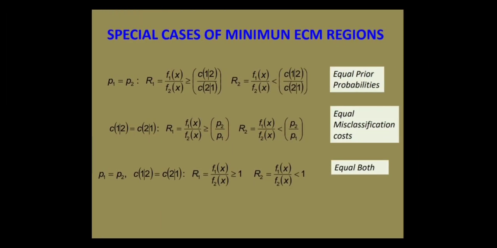Okay, but if we do not know the prior probability of first population and second population, so we can assume it's equal. So if the equal prior probability, the formula to get the region will be like this.